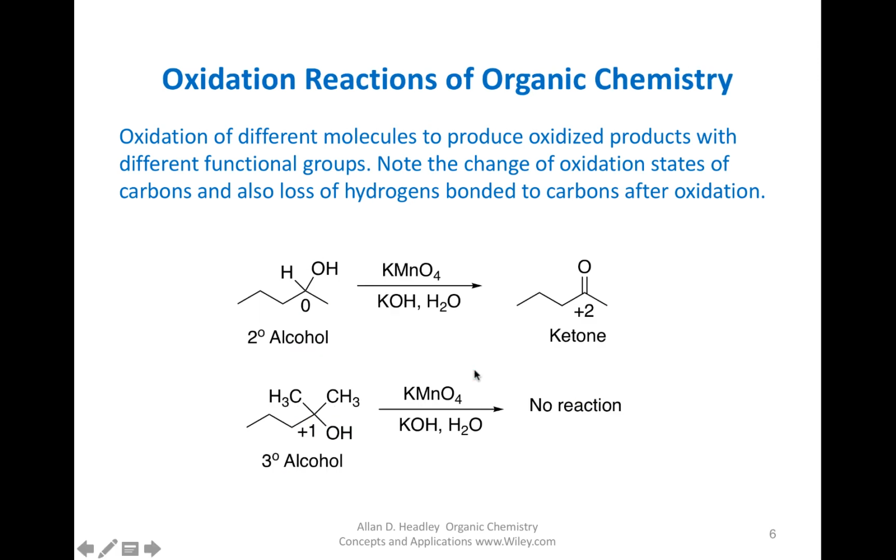Another example. This one is potassium permanganate in potassium hydroxide. Secondary alcohol goes to a ketone, change in oxidation state. A tertiary alcohol, no hydrogens bonded to this carbon. Notice no hydrogens bonded to that carbon, therefore no reaction.